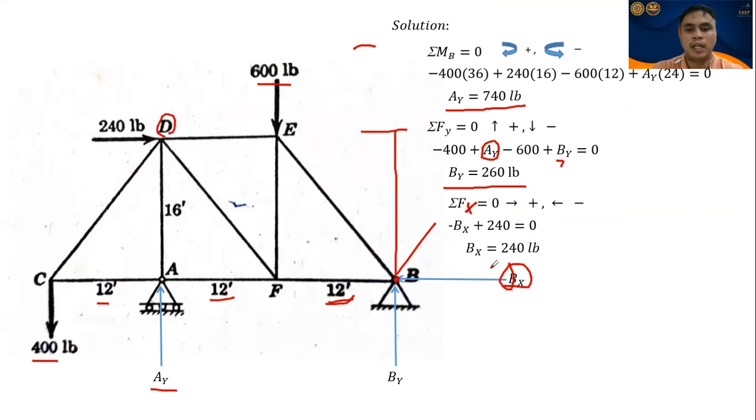So, B sub X here, class, will be 240 pounds. Okay? So, we have obtained the reactions here, class. Reactions at point A and reactions at point B: 240 pounds, 260 pounds for B sub Y, and A sub Y of 740 pounds.